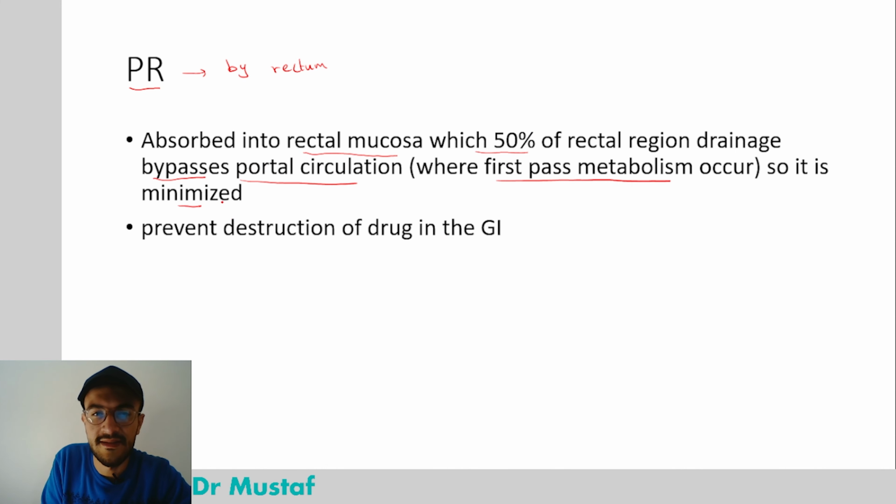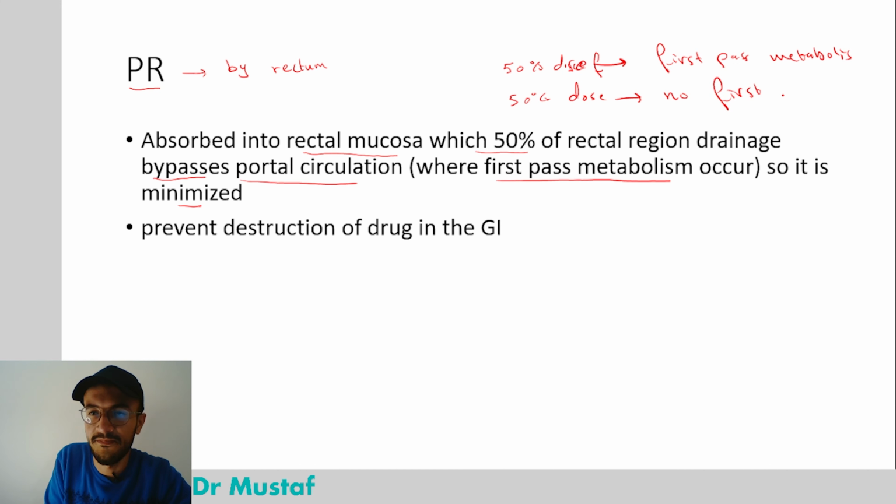So it is minimized. So 50% of the dose would have first pass metabolism, and the other 50% of the dose would bypass the first pass, so no first pass metabolism.